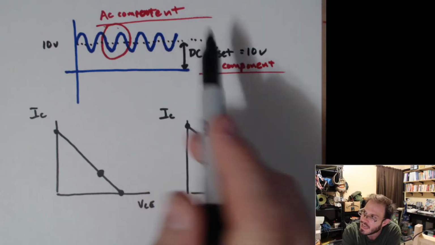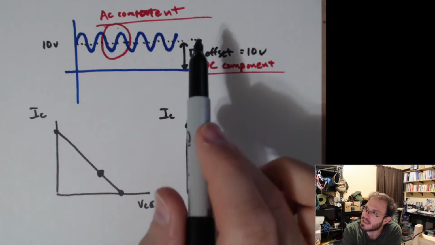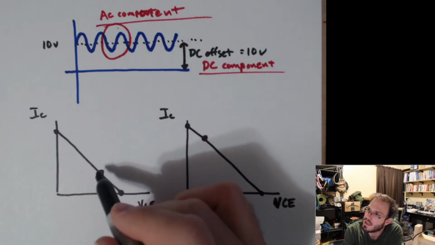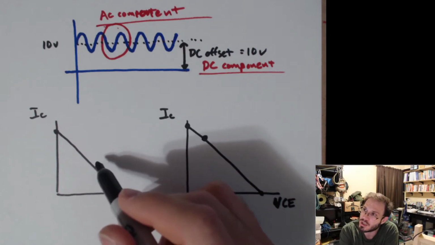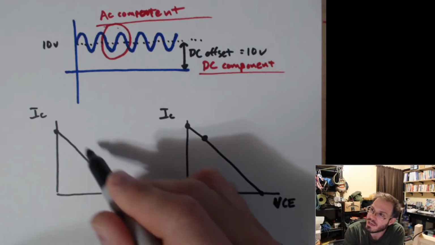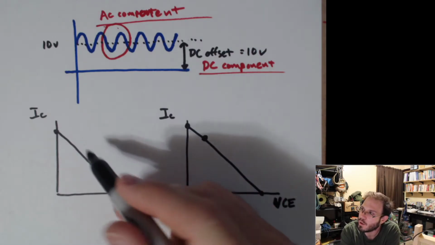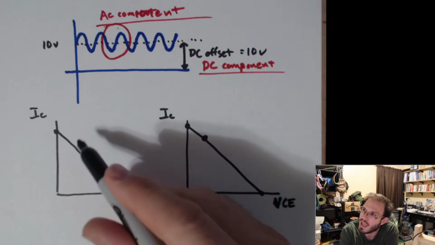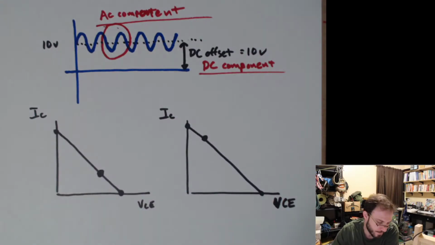So we have to have some DC offset. We have to live with this because it keeps our transistor within this linear region. So we can only have a useful amplifier if we stay within this load line or we stay within this linear region.